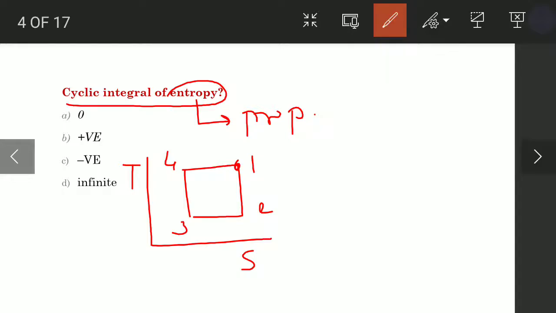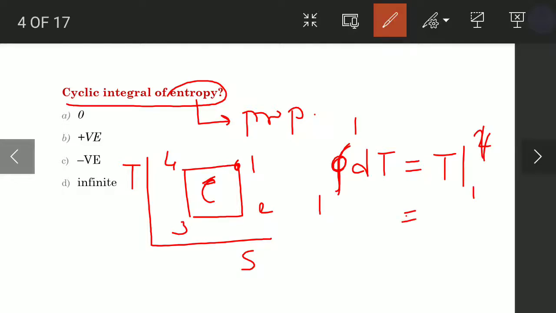If I want to calculate the change in temperature for this Carnot cycle, I will integrate dT from initial state 1 to final state 1, because it is a cyclic integral. Cyclic integral means the initial state and final state are the same. So it becomes T1 minus T1.